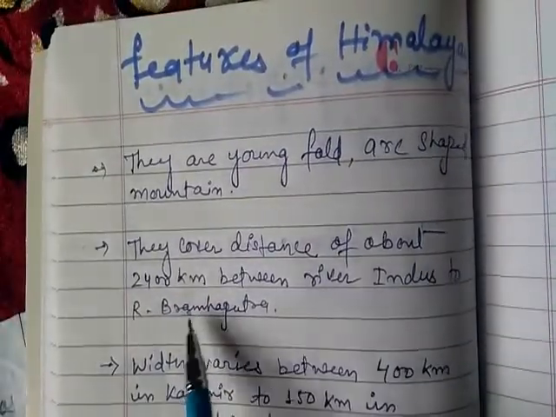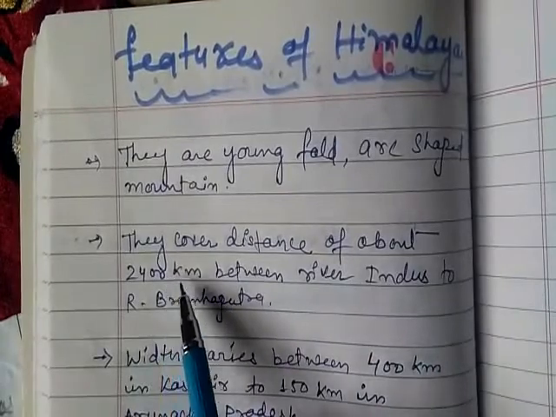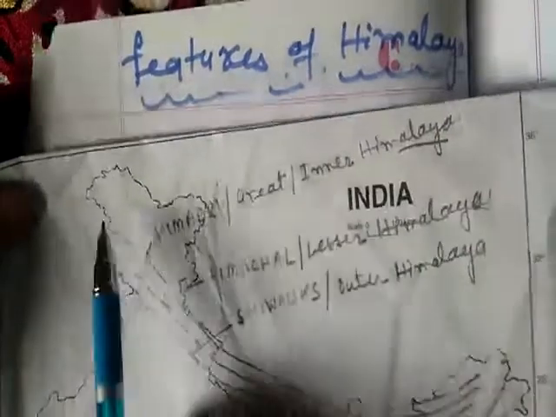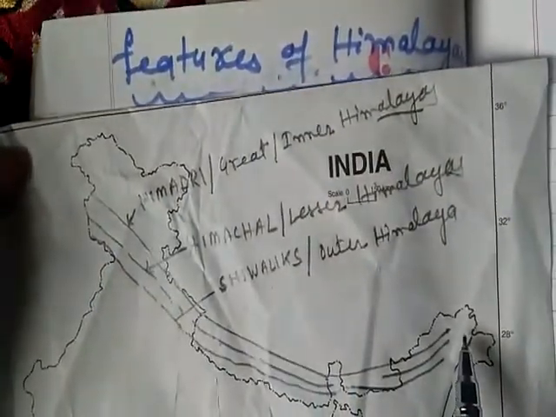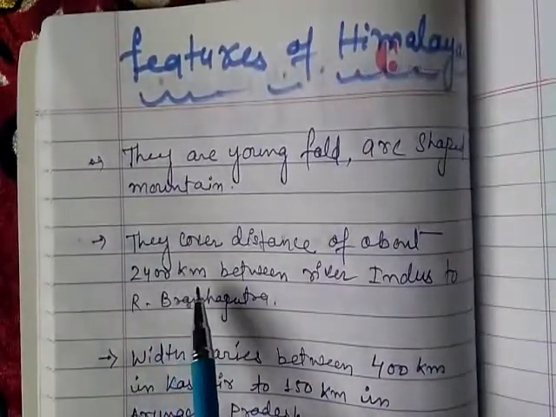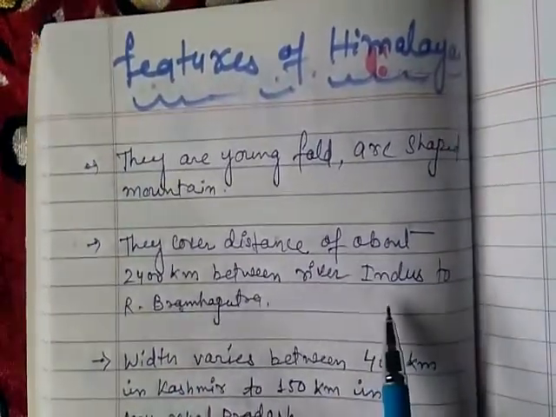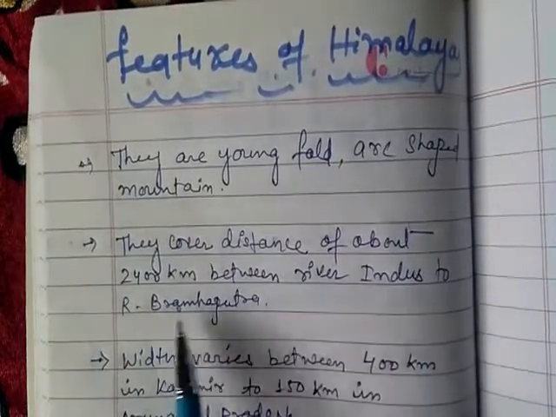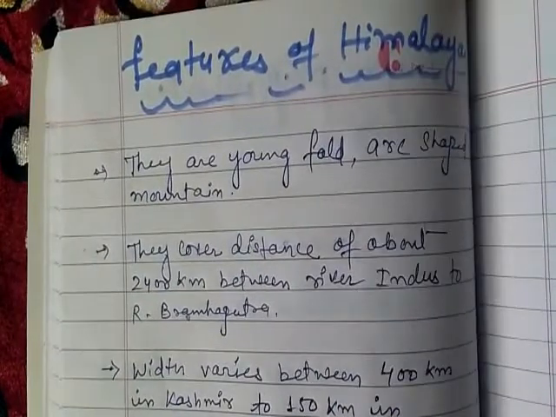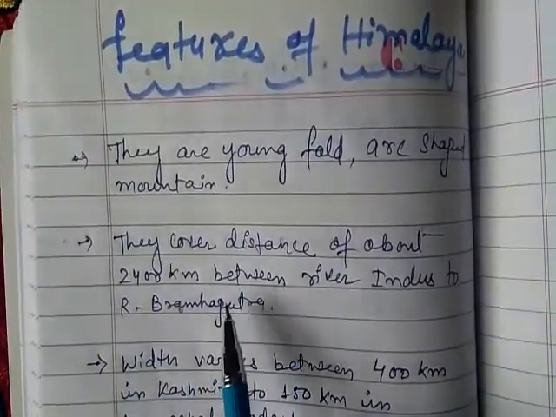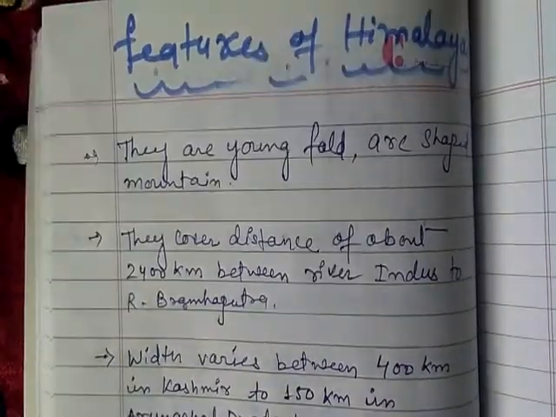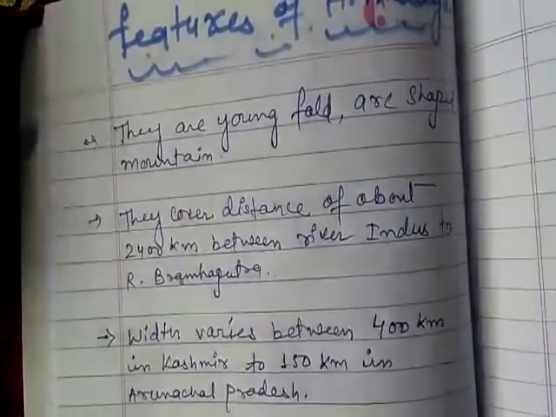Then the next thing is that they cover a distance of about 2400 kilometers. The distance of Himalayas from Indus river in the west to Brahmaputra river in the east is about 2400 kilometers. So the length of Himalayas is about 2400 kilometers. Next is width.